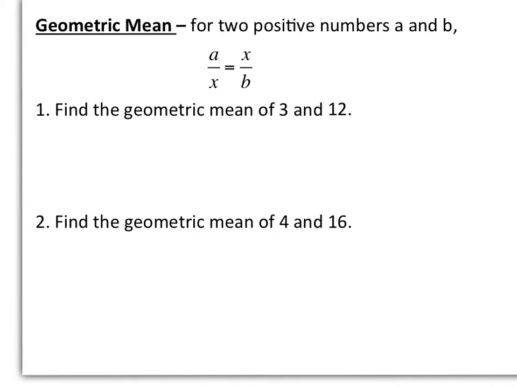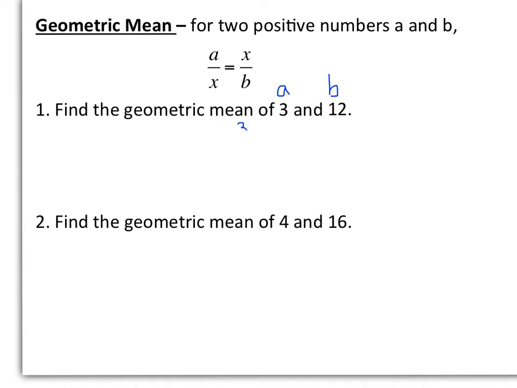The geometric mean for two positive numbers a and b says that a is to x as x is to b. So in number 1, we want to find the geometric mean of 3 and 12. So 3 is my a, 12 is my b. We will set up a proportion to find our mean.